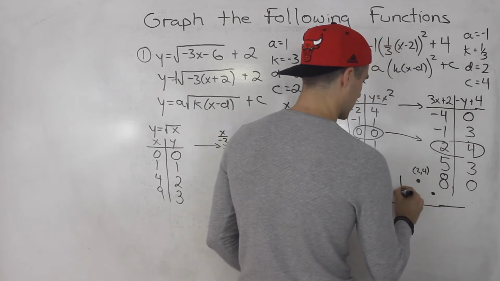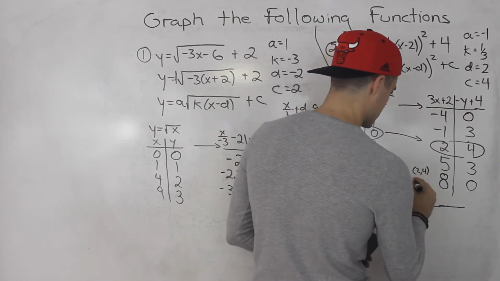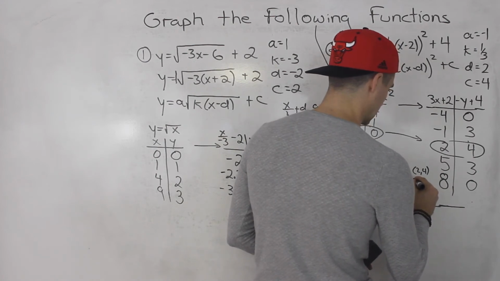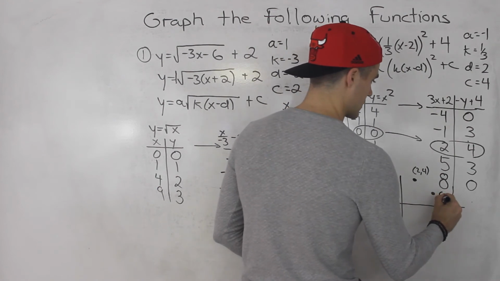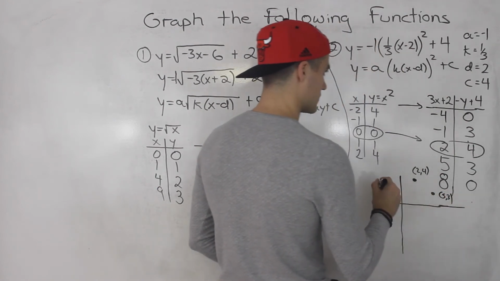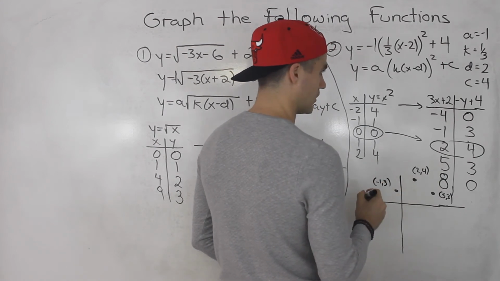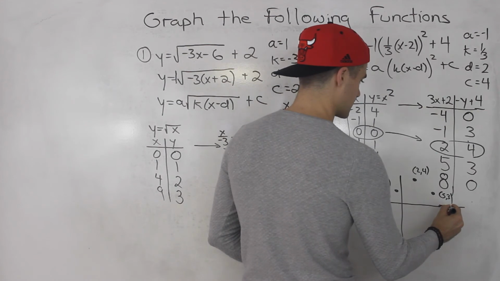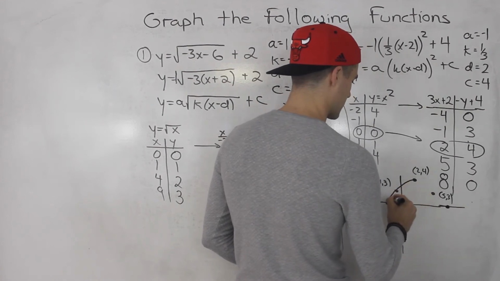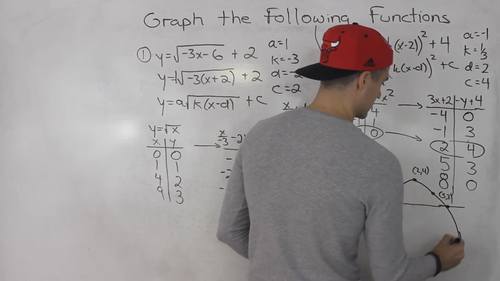And then negative 1 and 3, which would be here. This is not necessarily to scale. Let's make it a little bit more symmetrical. So this here is 5 and 3. This is negative 1 and 3. And then we'll have negative 4 and 0, which we'll say is here, and then 8 and 0, which we'll say is here. All right, so it looks like that.